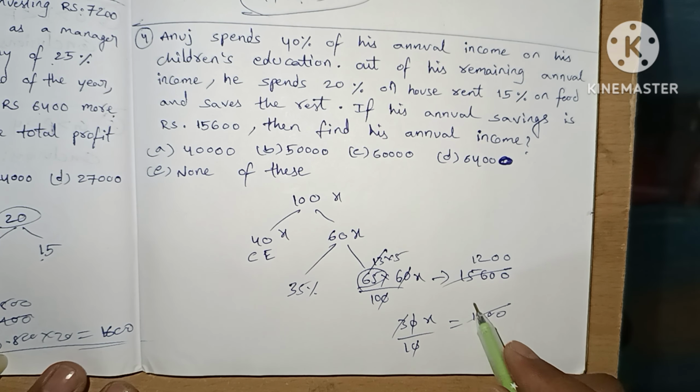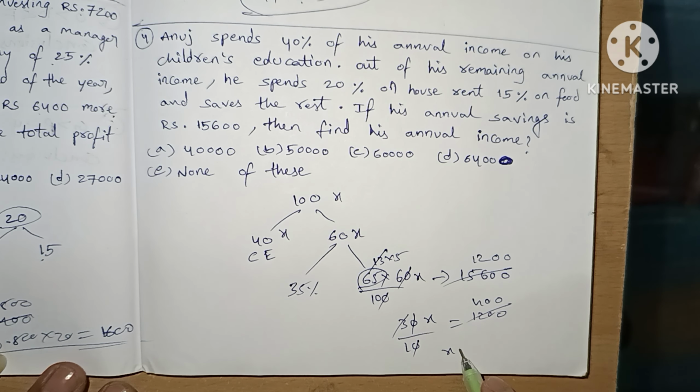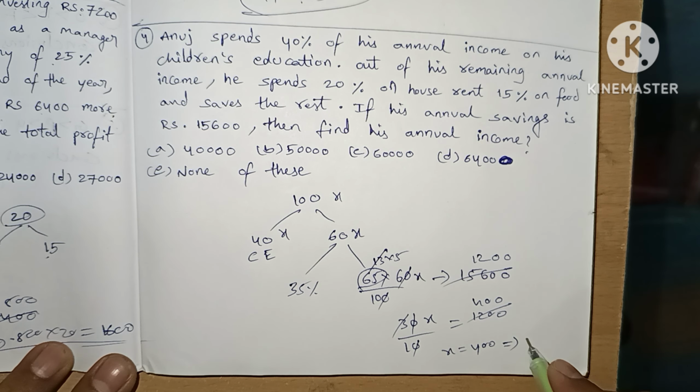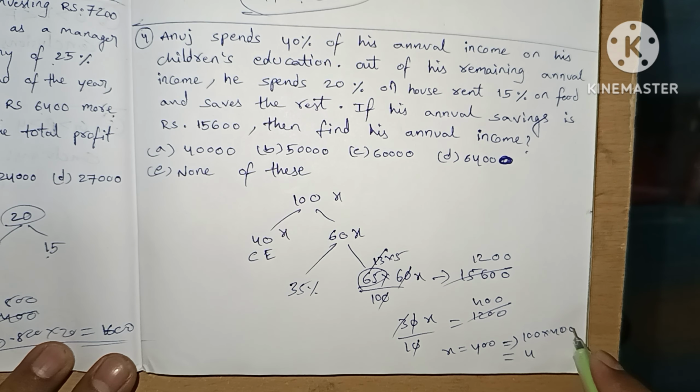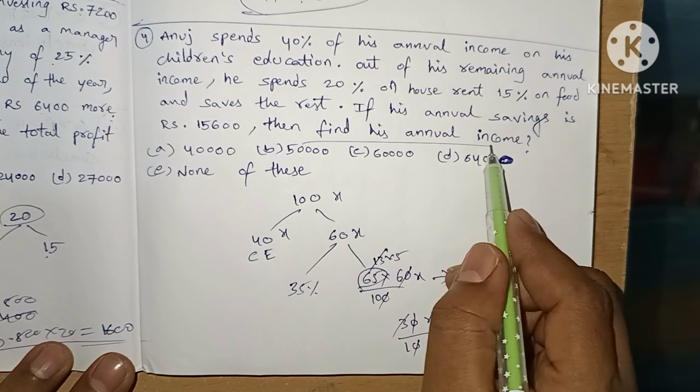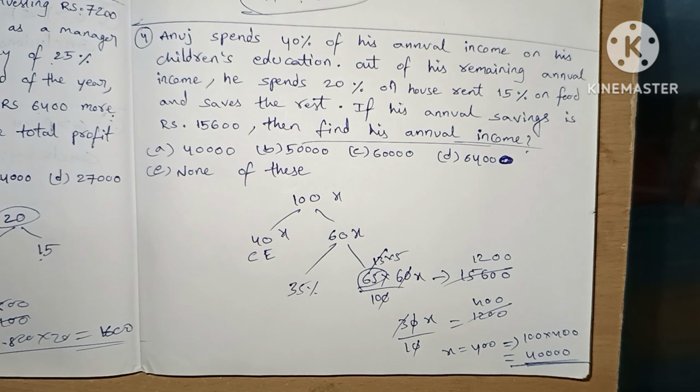We get X value as 400. So what will be 100X? 100 times means 40,000. 40,000 is his annual salary. Annual income is 40,000.